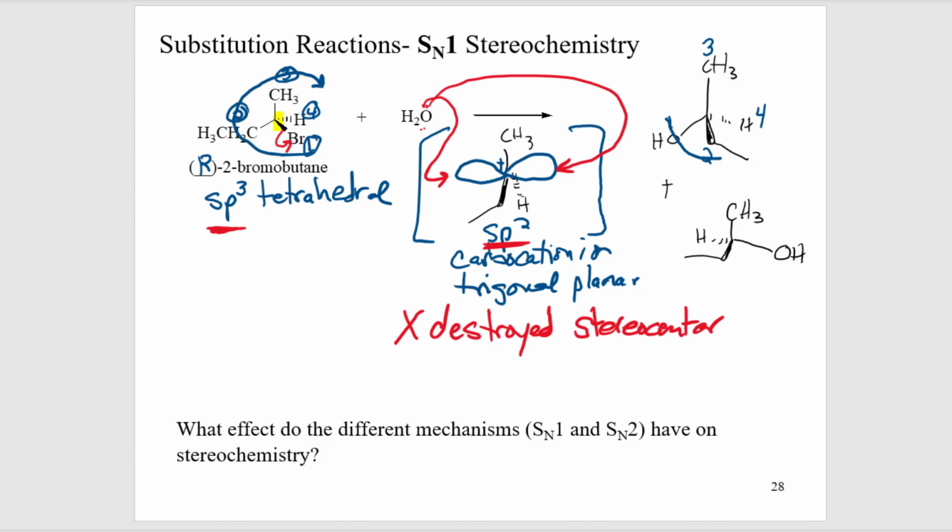So if I go 1 to 2 to 3, the top one is S. The bottom one, oxygen is 1, ethyl is 2, methyl is 3, hydrogen is 4. Oh, hydrogen is in the back. Great. 1 to 2 to 3, R. We have just made a mixture of enantiomers.